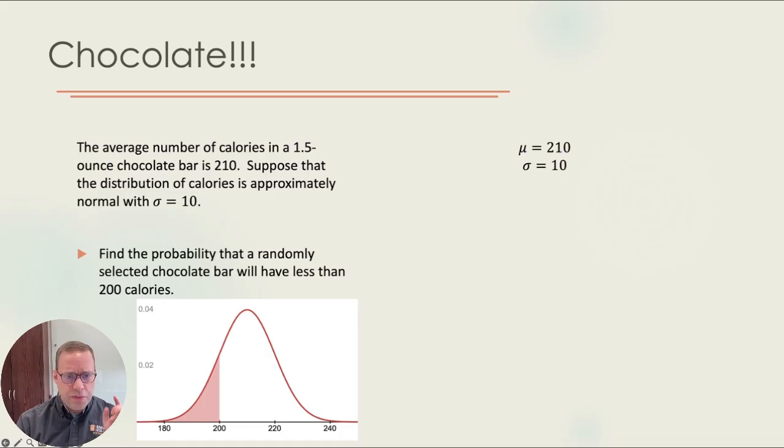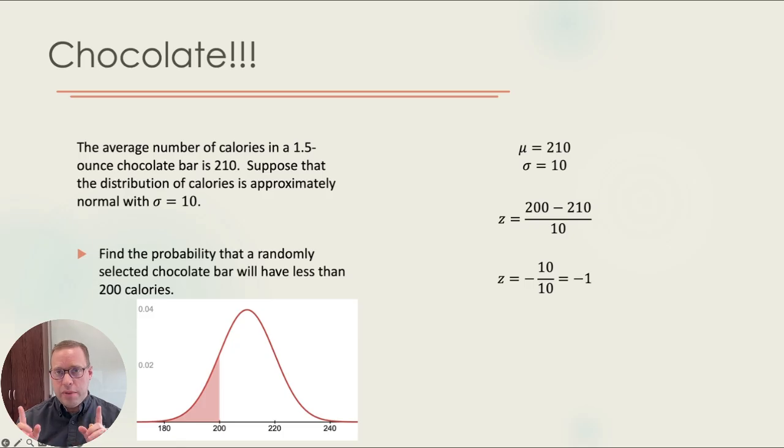All right, so the first thing we need to do is we need to find the z-score. Now, remember the equation for the z-score is we take our value, 200, minus the mean, which is 210, and divide by the standard deviation, which is 10. Well, that gives us a difference of negative 10 divided by our standard deviation of 10. That means minus 1.